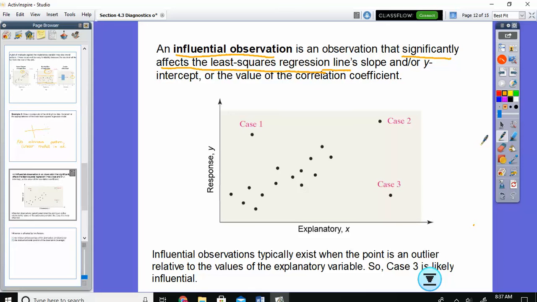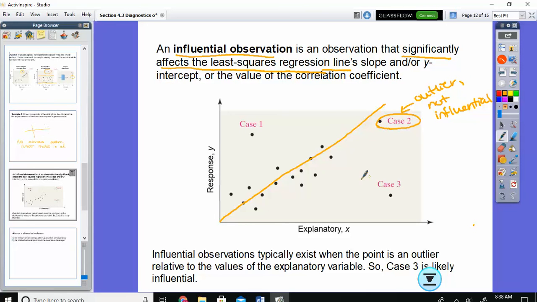Case number 2. This is an outlier. Can we all agree with that from our original data? It's far away from all the others. But would that one be influential? Is it going to really change my linear regression line? No. If you were drawing the line, it's going to look something like this. So even though that point's an outlier, it's not significantly different than the line. So this is an outlier, but it's not influential.